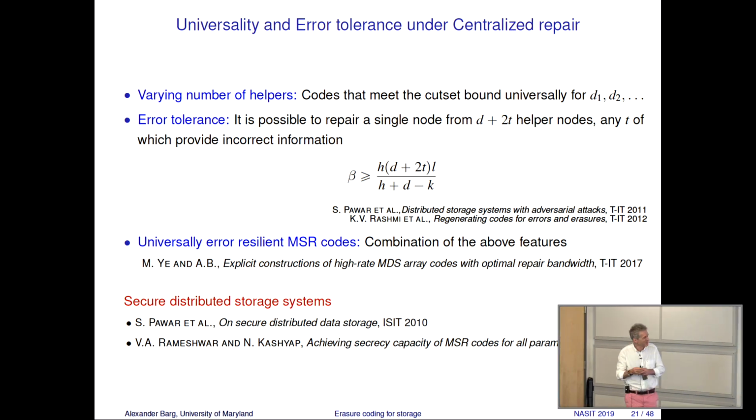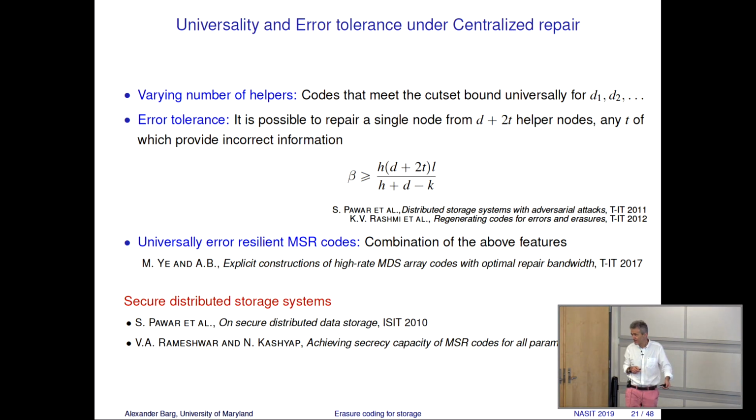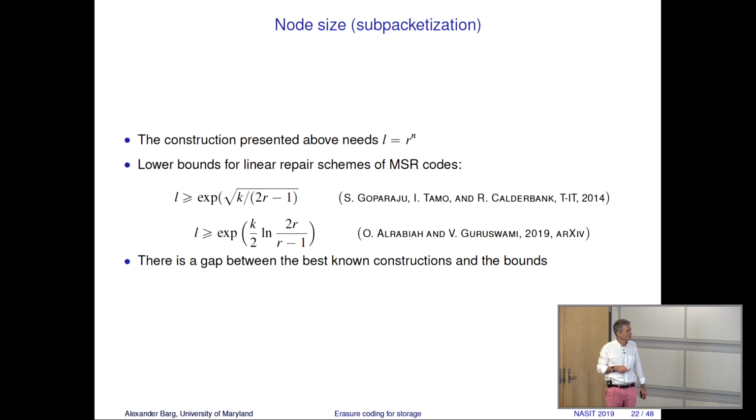All right, very good. So this secrecy capacity question has been recently addressed satisfactorily. What about sub-packetization? I was kind of claiming, without much justification, that exponential is needed.